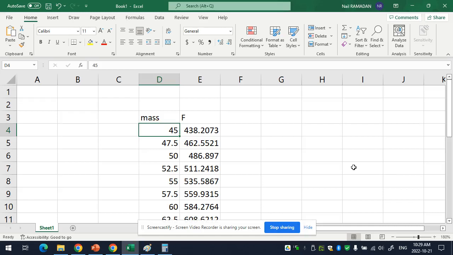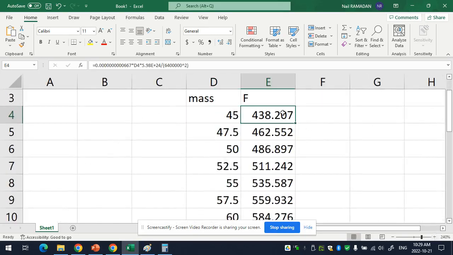And then I calculated the force. Let me show you the equation. Everyone, check out the equation. Boom. That's the equation on top. 6.7 times 10 to the negative 11 times what? What's cell D4? That's for someone's mass.